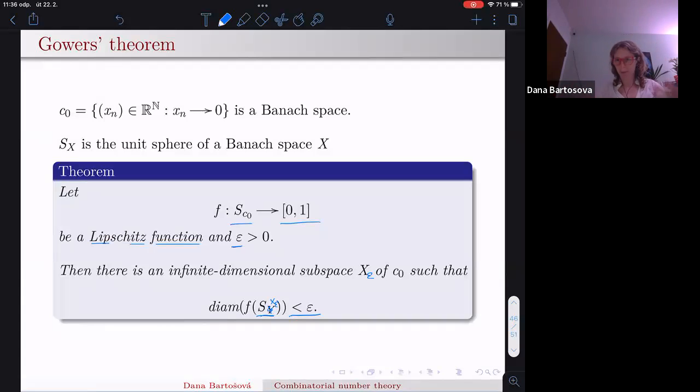Of course, in spirit, it looks like a type of theorems that we talked about, but the proof, the combinatorial core, goes through ultrafilters. So he discretizes these colorings.